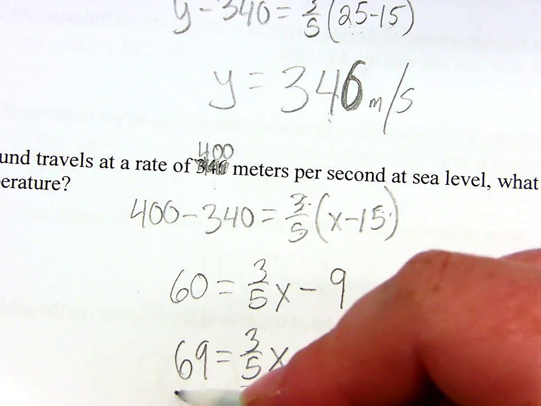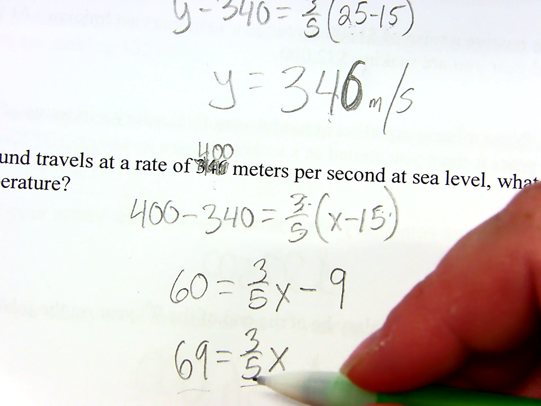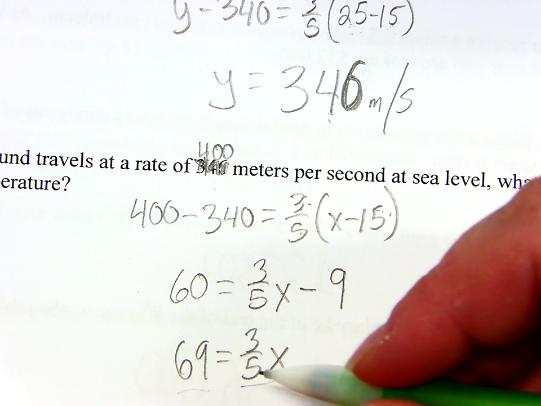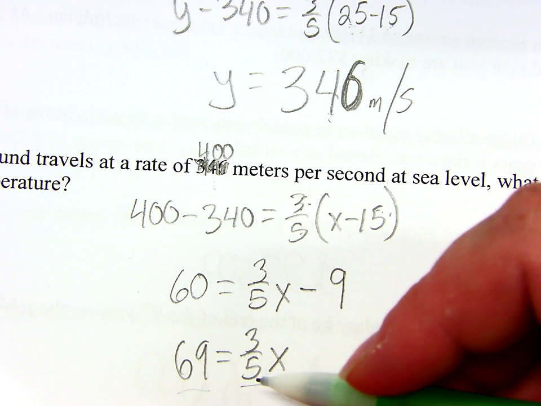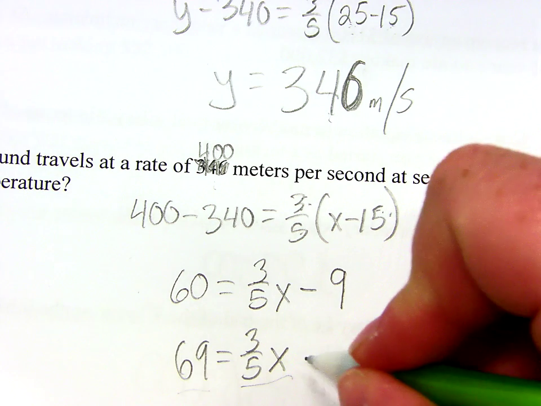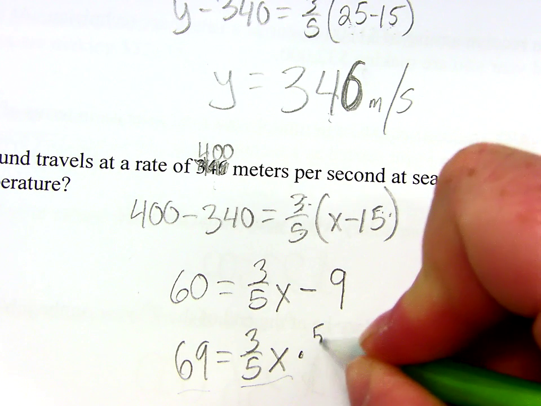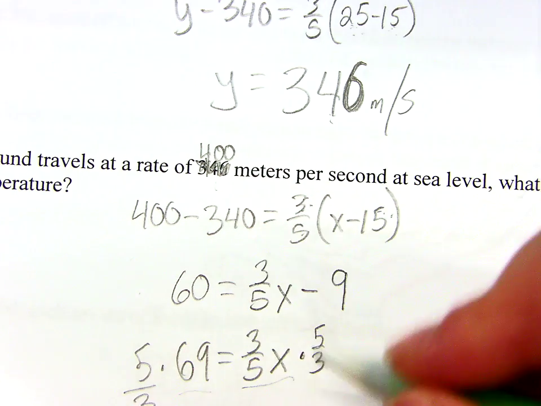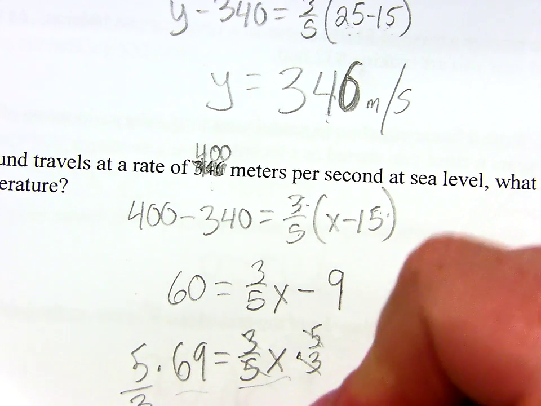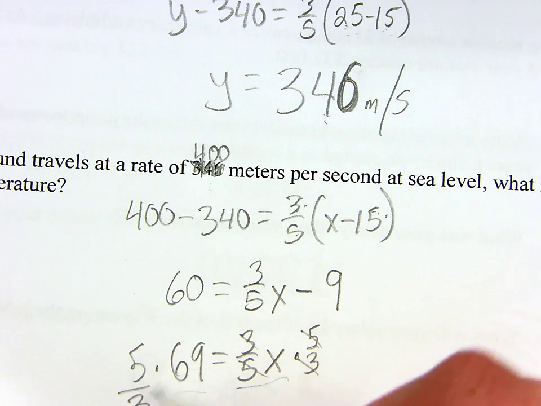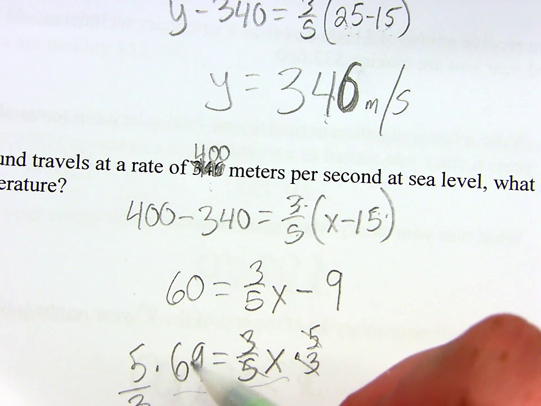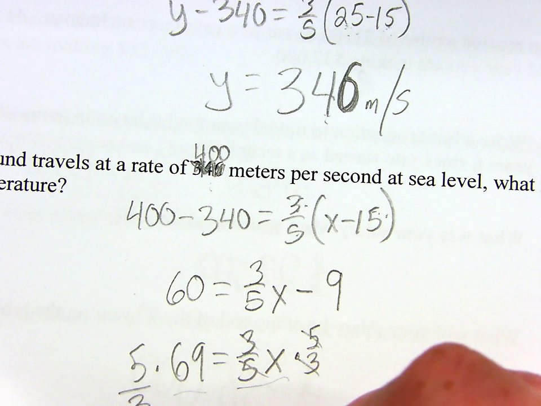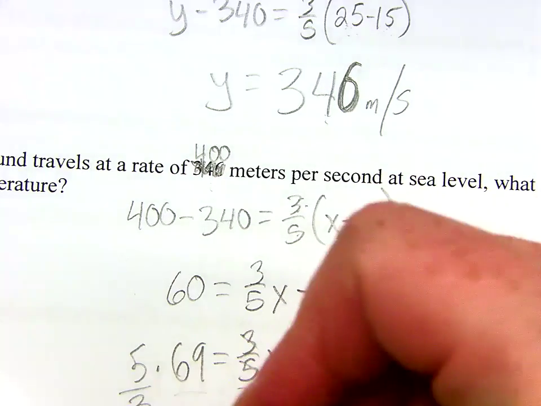So when I divide both sides by 3/5, it's the same thing as, how do you divide by a fraction? Aha, you multiply by the reciprocal. So those are gone. This 5/3 times 69, you can just do 69 divided by 3, which is 23, times 5, 115.